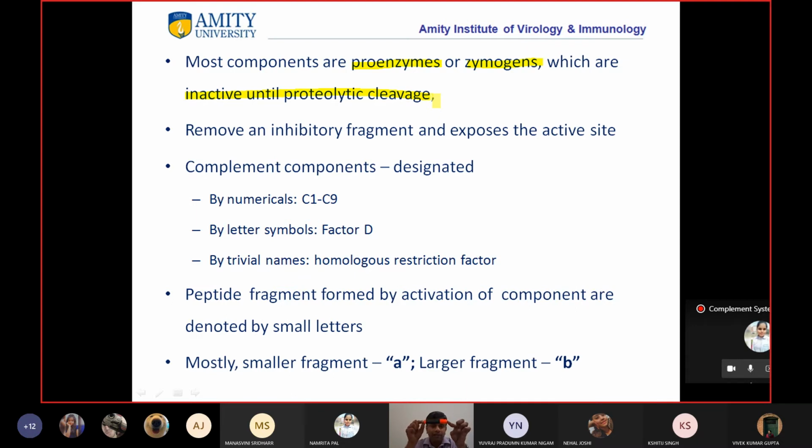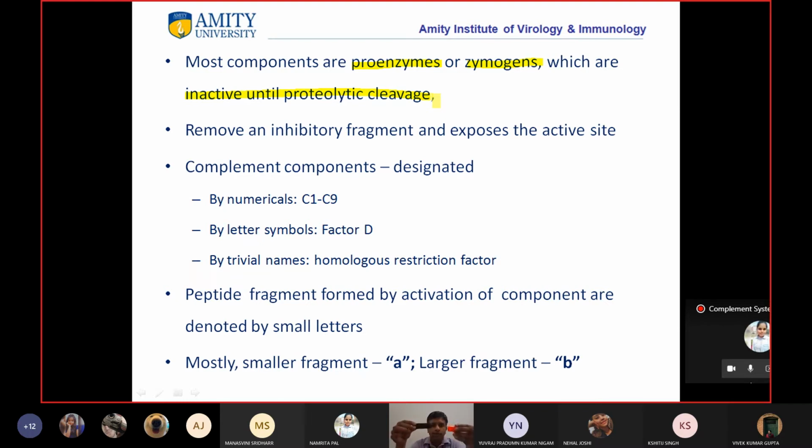Because the active site is hidden. So what happens when it is proteolytically cleaved? On proteolytically cleaving this enzyme, the active site, this point, is exposed.